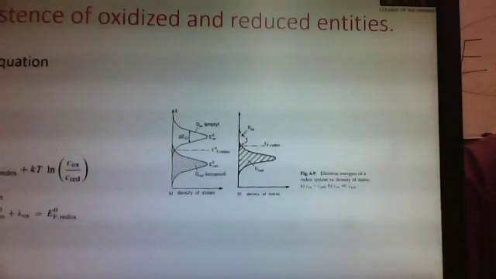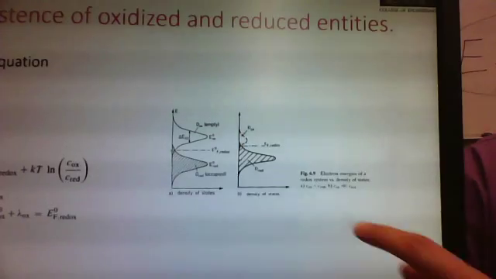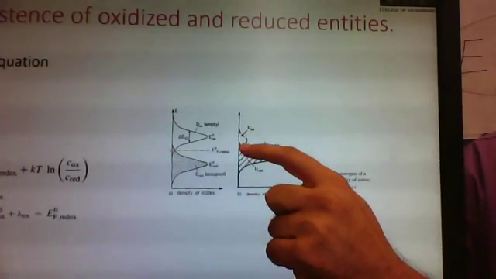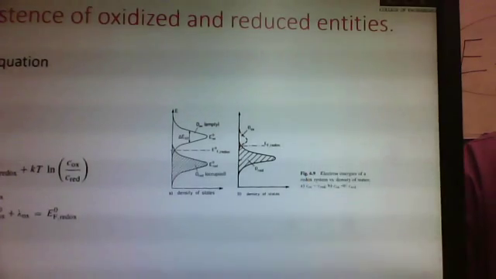meaning the balanced reaction is pushed to one side to generate more of the reduced form of the material than the oxidized, then as you can see, the average is not the same as it used to be. It moves to a slightly higher level. That is why the Nernst equation shows that the potential of the reaction, if the concentrations of the reduced and oxidized forms are not the same, would be different from the standard potential.